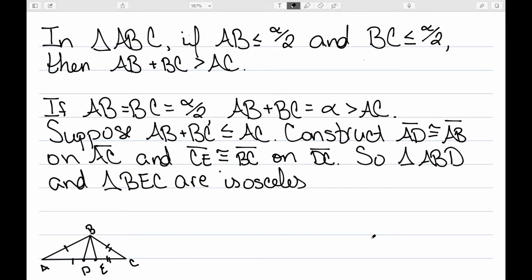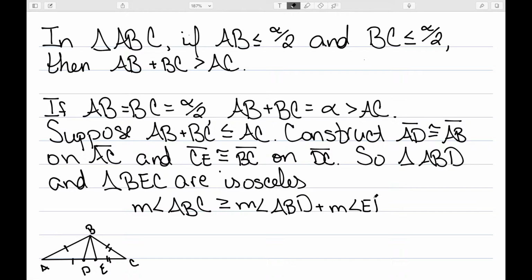We then have triangle ABD and triangle BEC are isosceles triangles, and they have congruent base angles. So the isosceles triangle theorem and the exterior angle inequality are going to give me that the measure of angle ABC is greater than or equal to the measure of angle ABD plus the measure of angle EBC, since essentially I took this angle and cut out a piece.